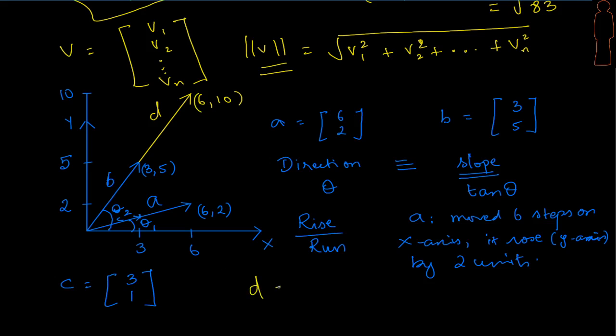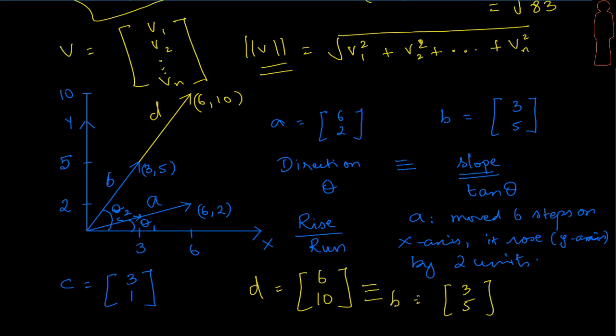If you talk about the D vector, which is 6, 10, whereas you have the B vector, which is 3, 5, what do we get? That these two must be equivalent, because both of them are saying the same fact: for the movement of 6 units I rise 10, or in a sense if I move 3 units I'm going to rise only by 5.